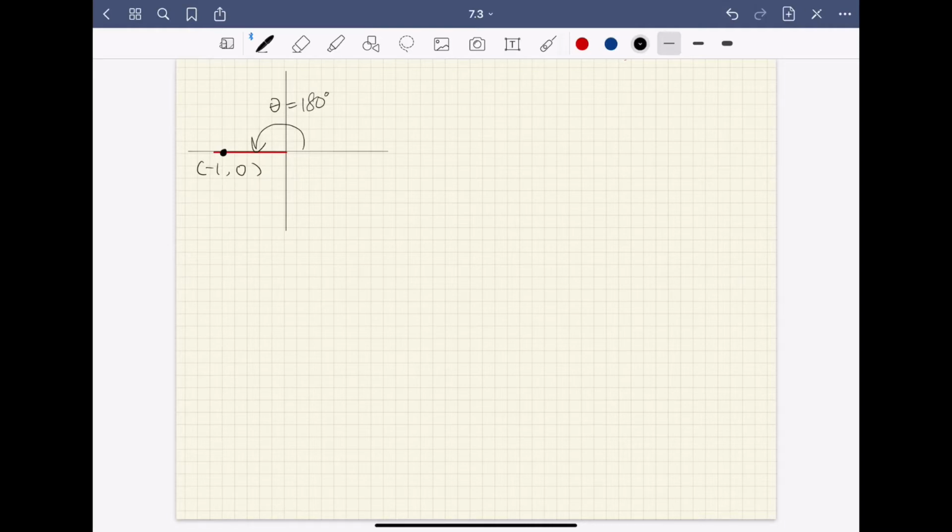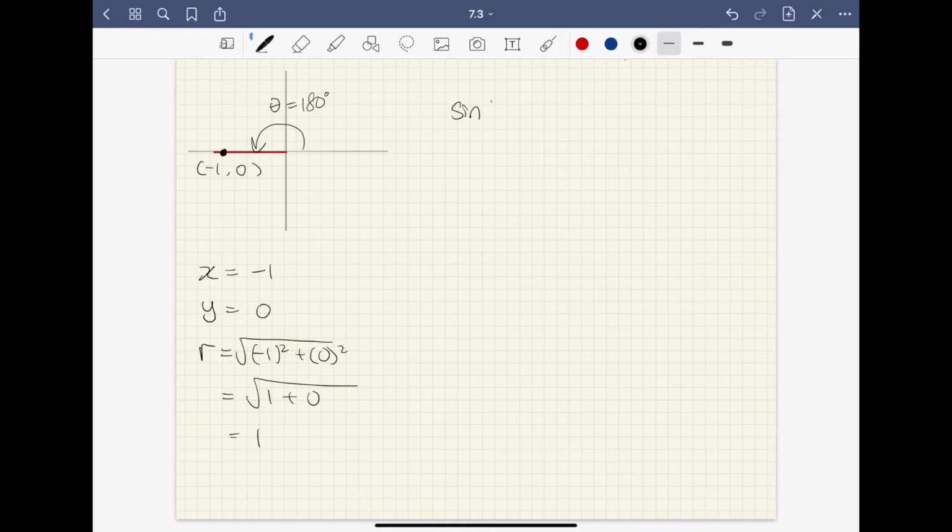And the easiest point to use is 1 unit away from the origin, so that point will be -1, 0. You guys can choose another point if you want. So let's just write down the three values. The x value is -1, y value is 0, and r is equal to the square root of x squared plus y squared. So that's 1 plus 0, which is 1.